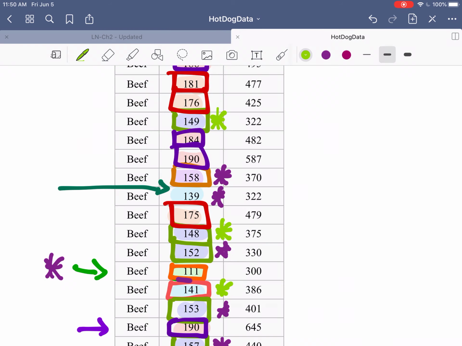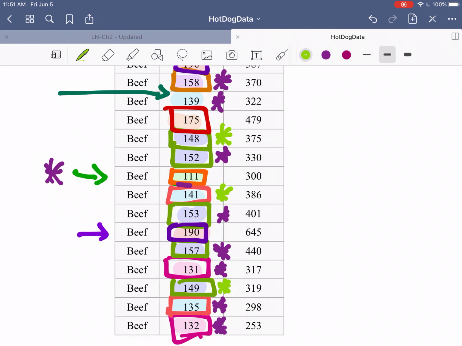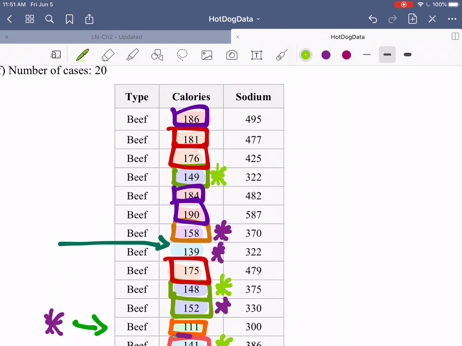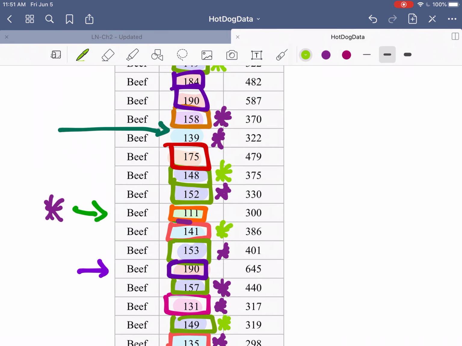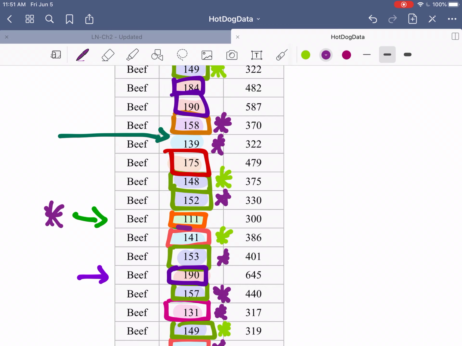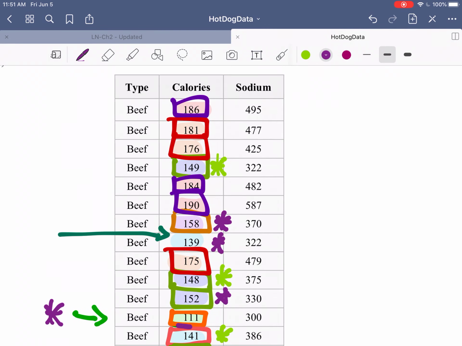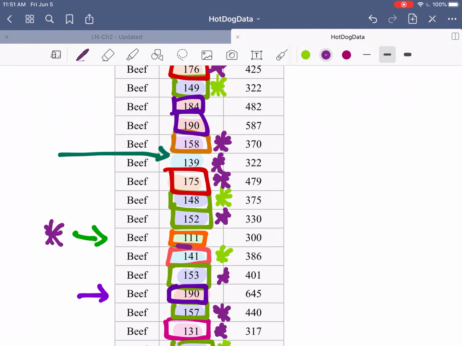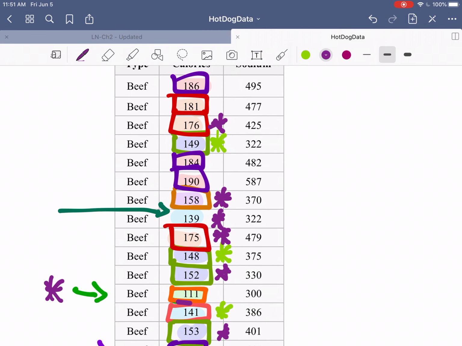In the 160s, we have maybe nothing. Nothing in the 160s. In the 170s, we do have a 176. We have a 175. So 5 and 6 in the 170s.